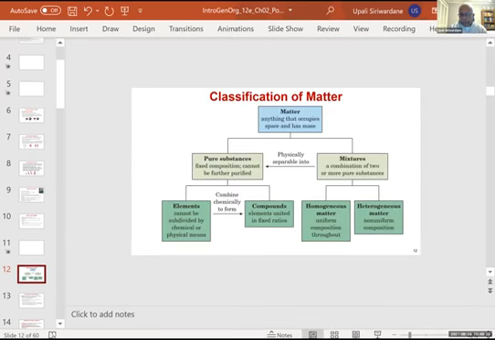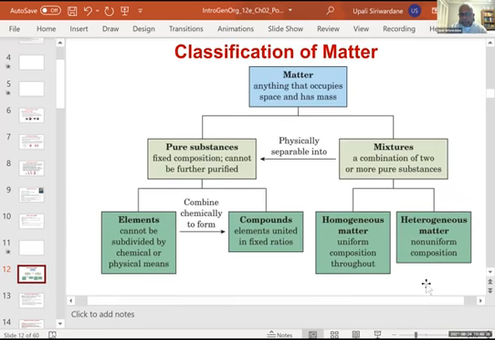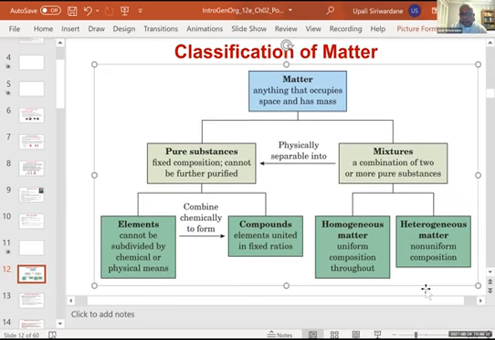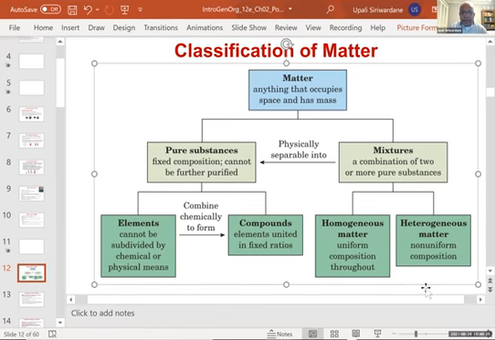To expand on this idea, matter is composed of pure substances and mixtures. A pure substance is an element or a compound.